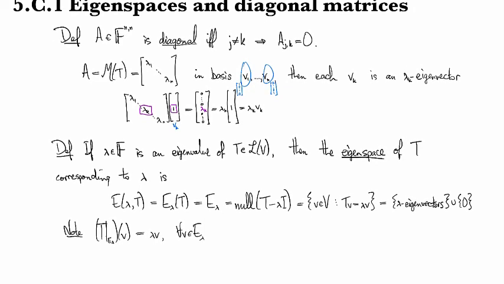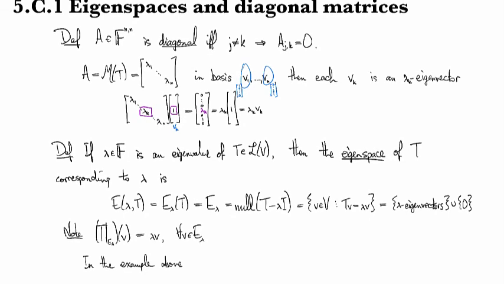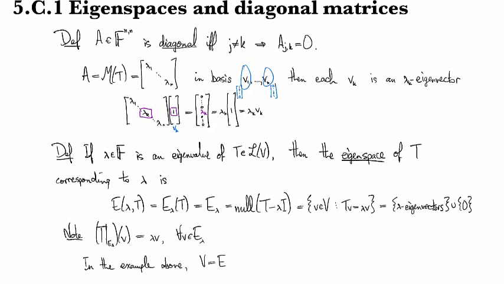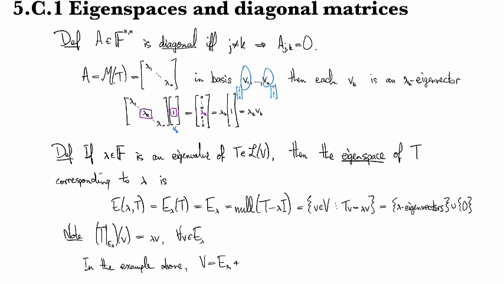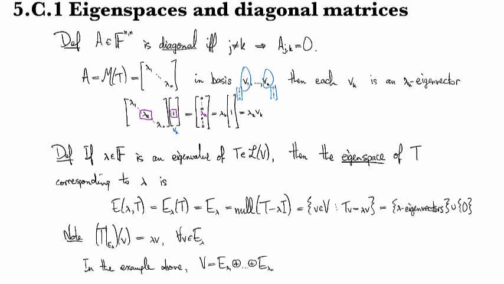And so in the example above that I drew out, you can see that V looks like the eigenspace for lambda 1, and then we have a direct sum that goes through all the different distinct eigenvalues.